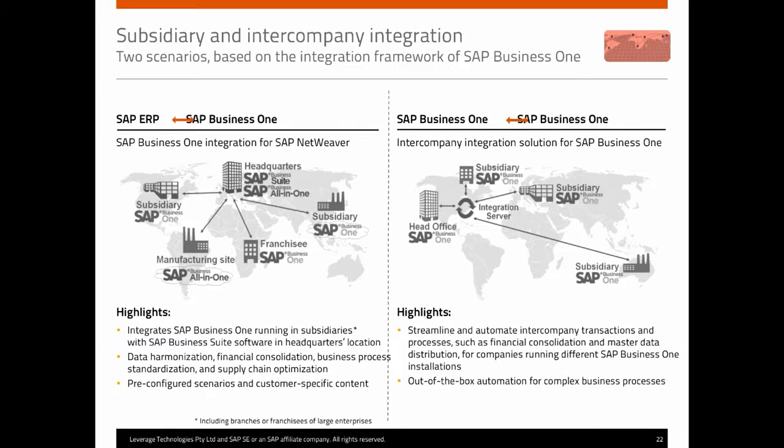So no matter what your deployment looks like, if you have a headquarters running Business Suite, different sites running SAP All-in-One, different subsidiaries or franchises, for example, running SAP Business One, we provide that SAP Business One integration for SAP NetWeaver. If you're running SAP Business One in different offices all around the world with different legal requirements and you wish to do intercompany transactions and consolidated reporting, then the intercompany integration solution for SAP Business One is available for you.